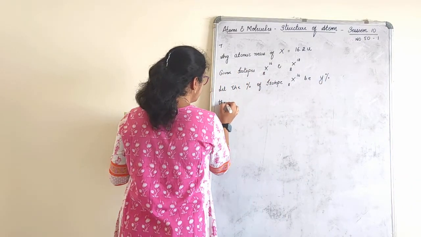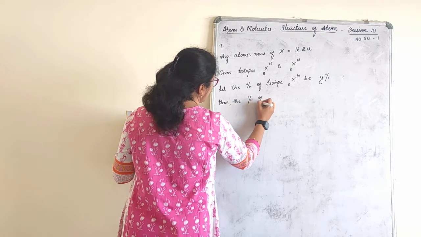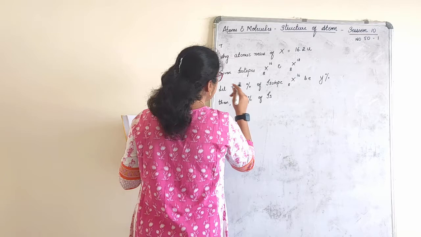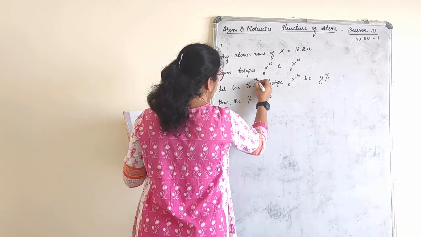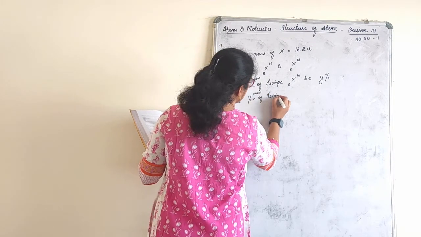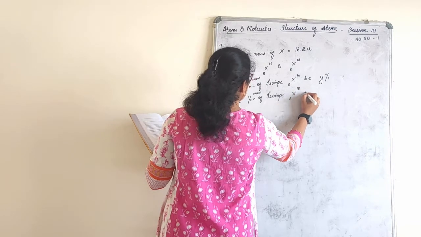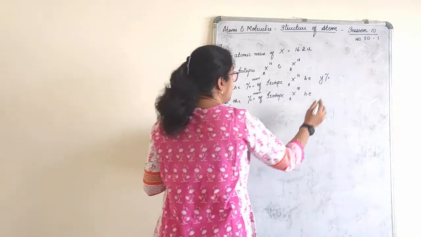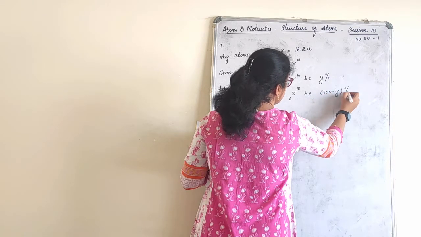Then the percentage of isotope 18 will be 100 minus y percentage, correct?